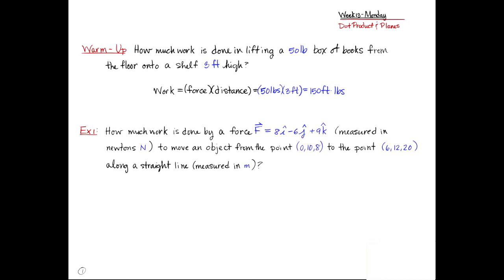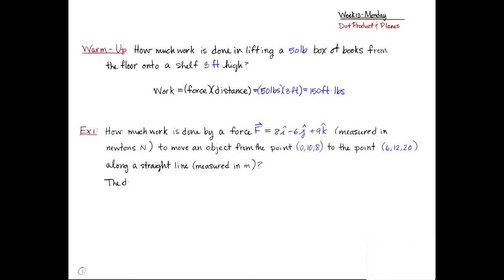So now, how much work would be done by a force, 8i minus 6j plus 9k, which we're measuring in newtons, to move an object from the point (0, 10, 8) to the point (6, 12, 20) along a straight line, which we'll measure in meters. Instead of thinking distance now, in terms of vectors, we want to think displacement.